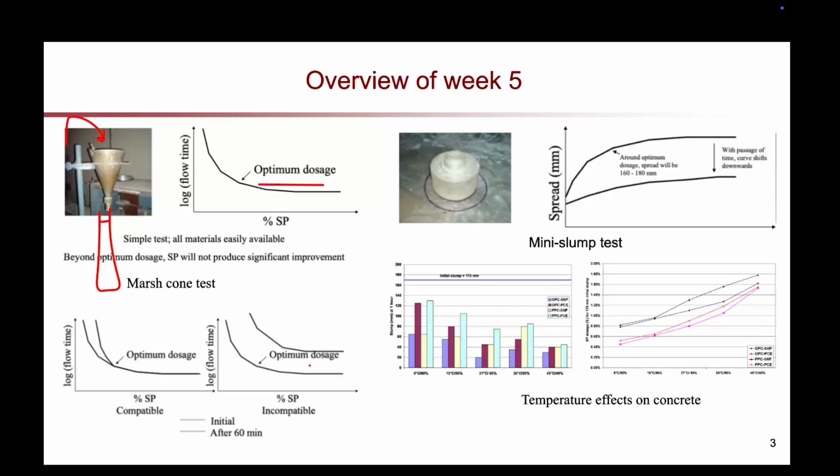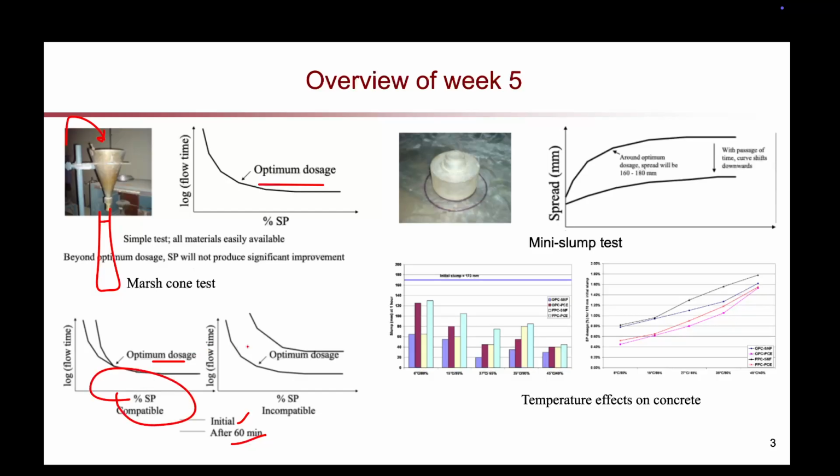And how do we judge compatibility in this case? There are two times, initially and after 60 minutes of making the cement paste. If this is your graph initially, and this is your graph after 60 minutes, and both coincide at one point giving the optimum dosage, that is called a compatible superplasticizer.